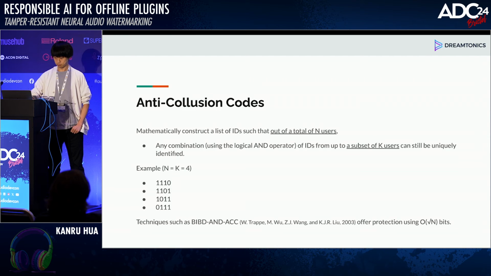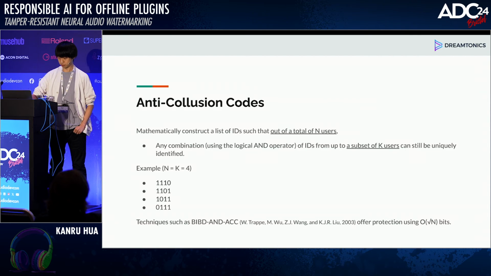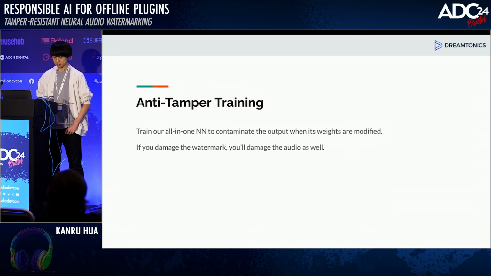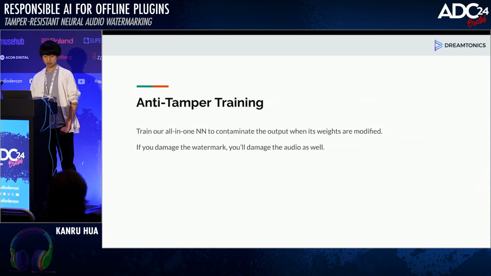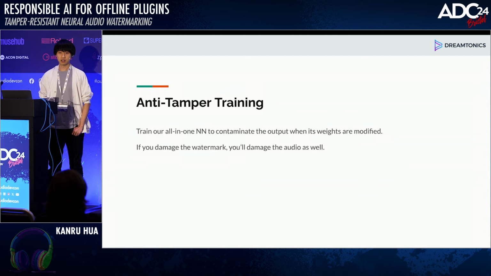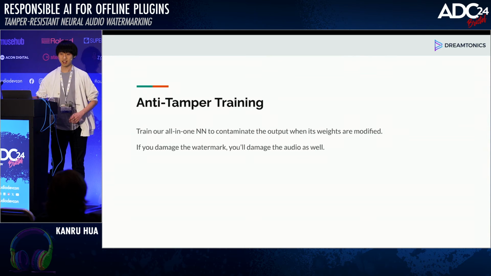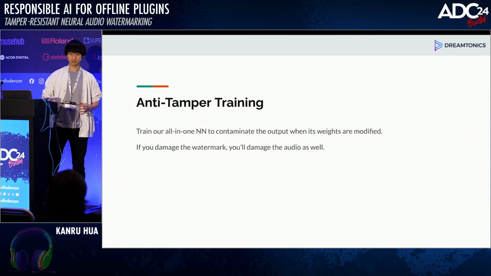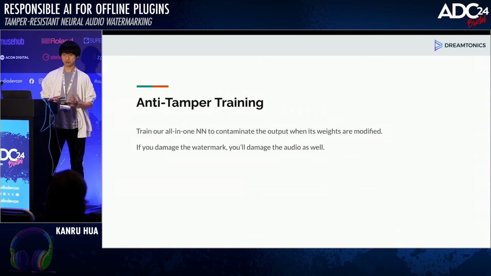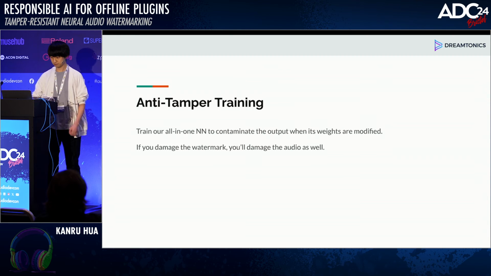So we propose a different way of preventing collusion, that is anti-tamper training. The idea here is that if you ever try to damage the watermark in the neural network, we make it in such a way that the neural network will actively react to its own weights being modified and generate gibberish.